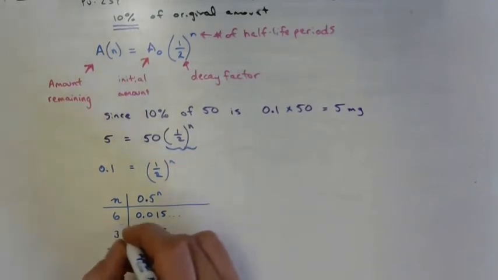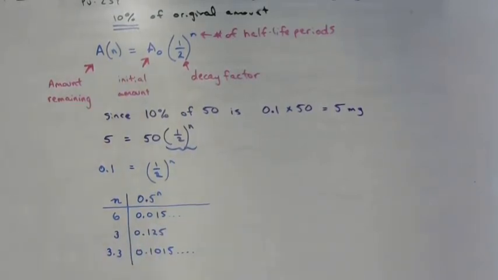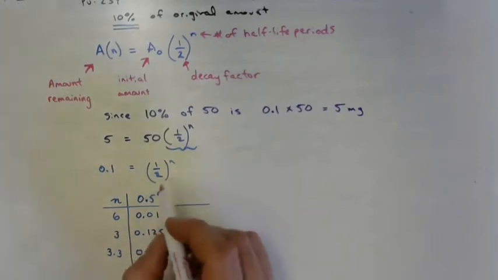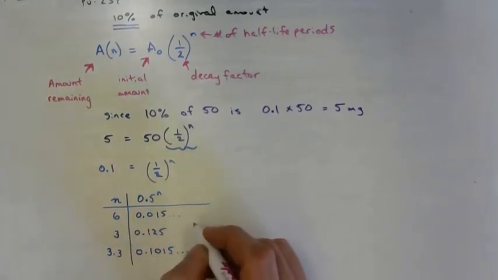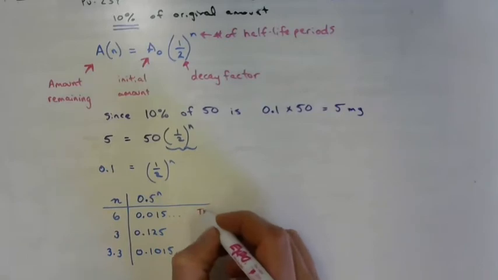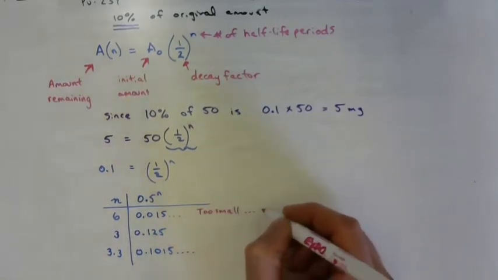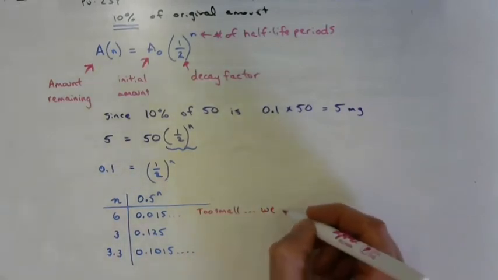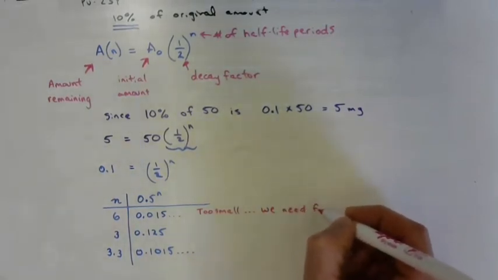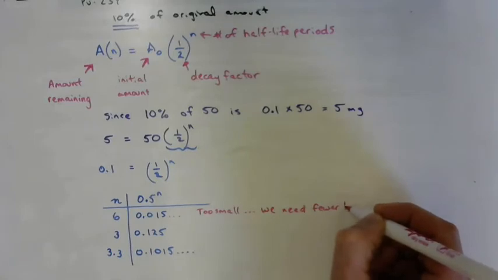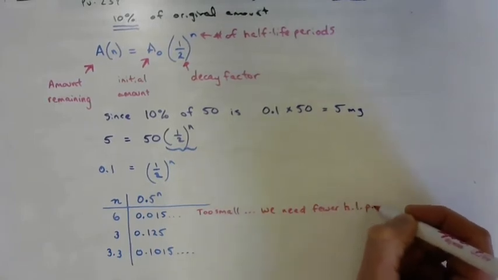I'm going to write a couple of notes as we're thinking through this. When we tried to the power of 6, our number was too small. So what that should tell us is that we need fewer half-life periods.